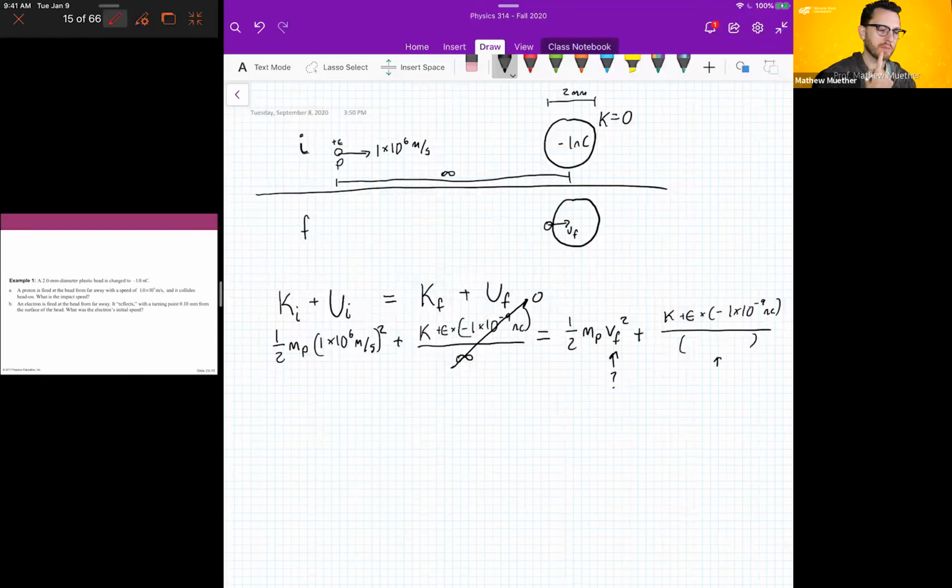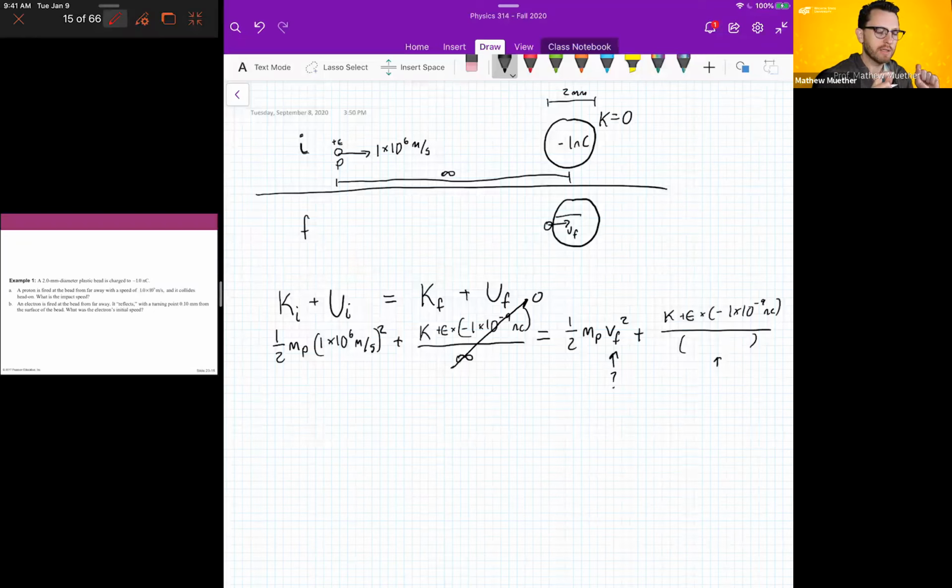The radius of the proton, we're going to ignore the radius of the proton. You could go look up what the average radius of a proton is. It's incredibly small, like femtometers. It's very, very small. So we're going to neglect the radius of the proton and just use the radius of this object, right?